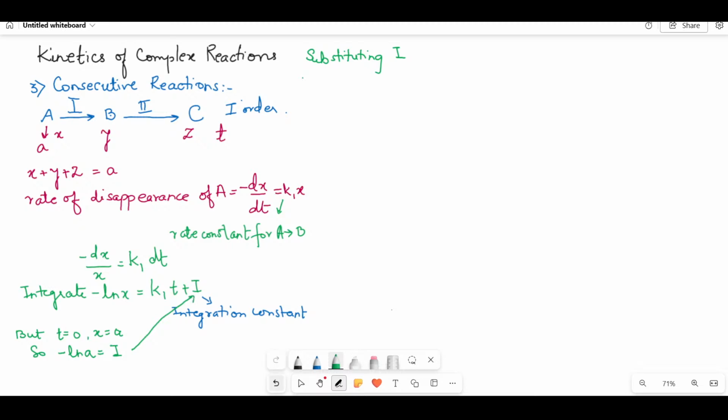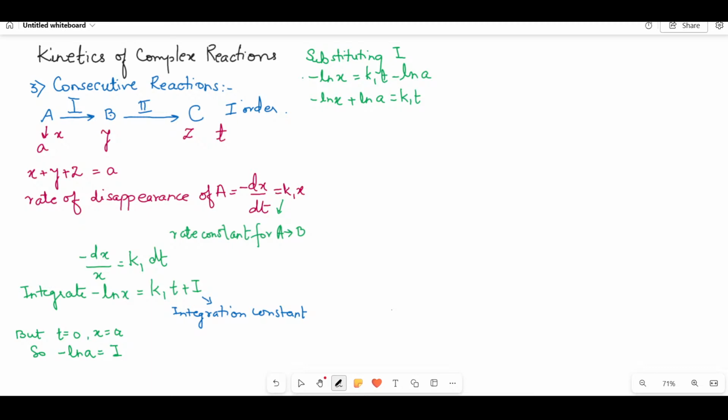Over here, what we get is minus ln of x is equal to k1t minus ln of A. When we bring both the log terms together, we get minus ln of x plus ln of A is equal to k1t.